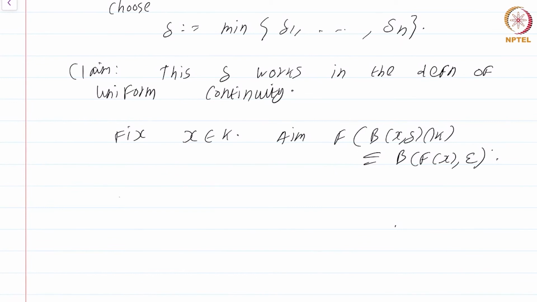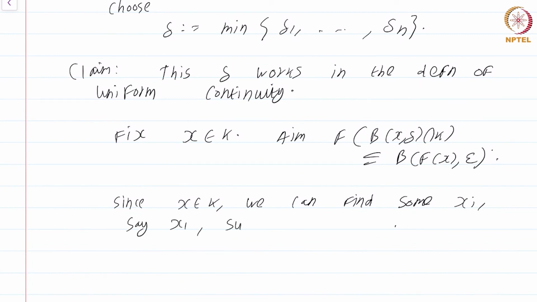Well, since x is in K, we can find some xi, say x1, such that x is an element of B(x1, delta), or sorry, B(x1, delta 1).